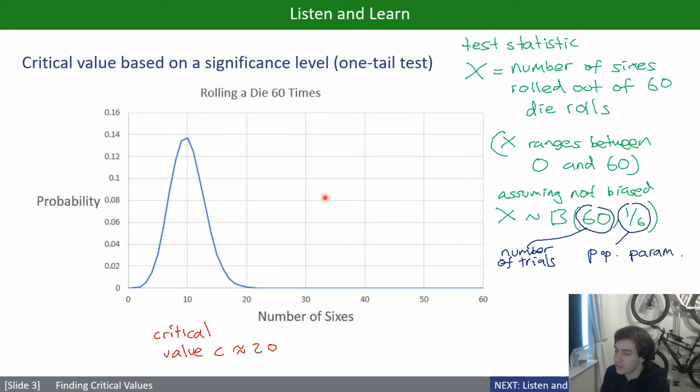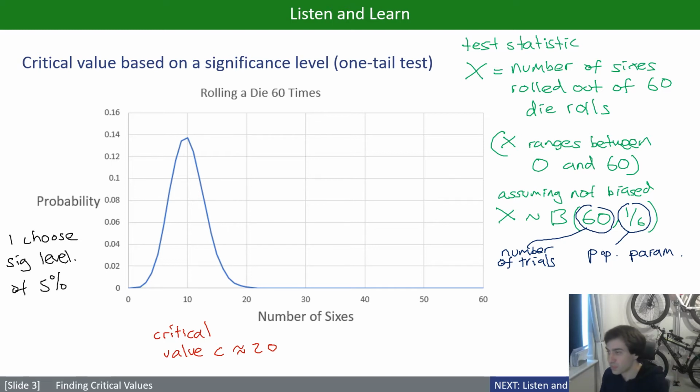It defines how willing you are to accept an unlikely result, and it effectively defines the critical value for you implicitly. So let's just pick one. Let's say the question gives me a significance level of 5%.